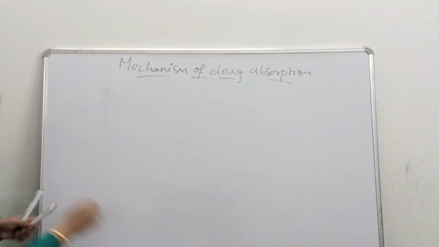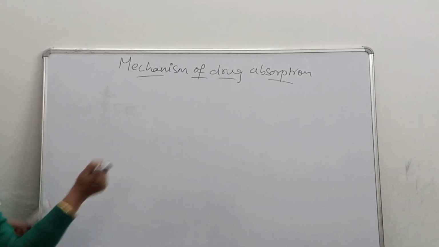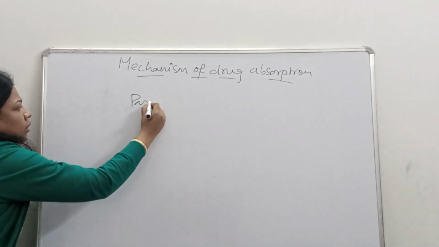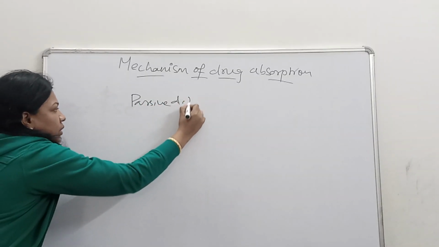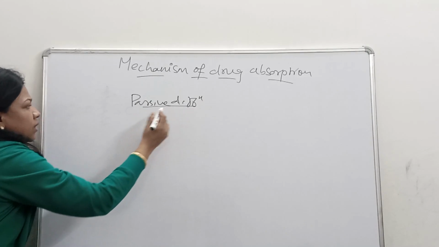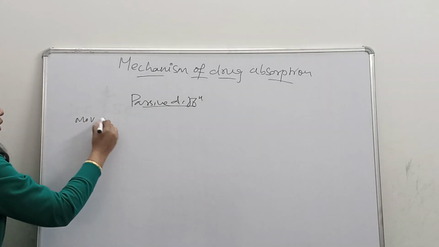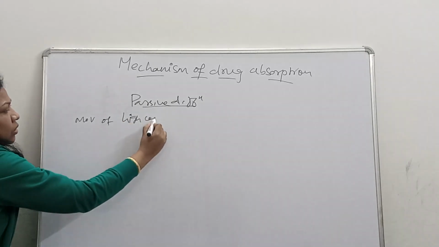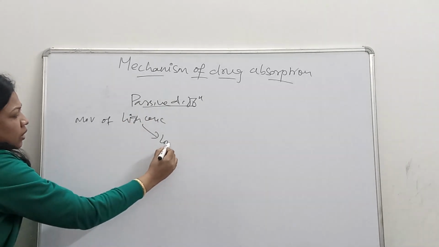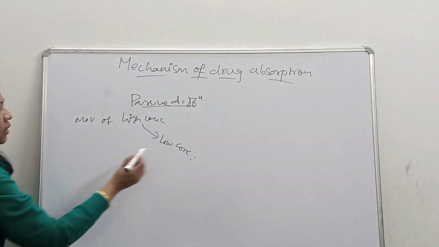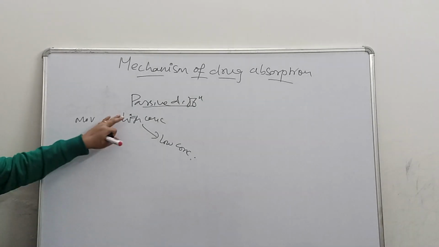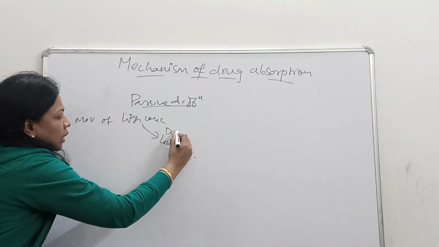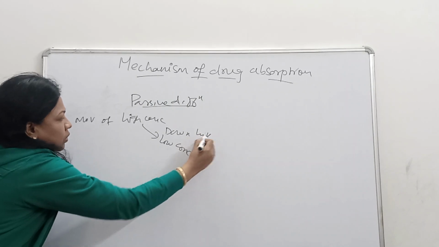So passive diffusion is nothing but movement of drug from high concentration to lower concentration. That is downhill transport.